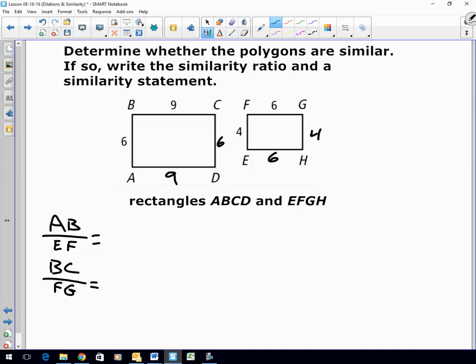You see where this is going? I would compare CD to GH. Right? And then I would compare the bottom sides. DA to HE. Okay? Yes, I said DA. Why not AB?